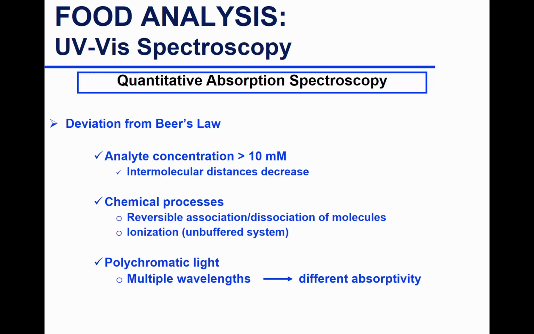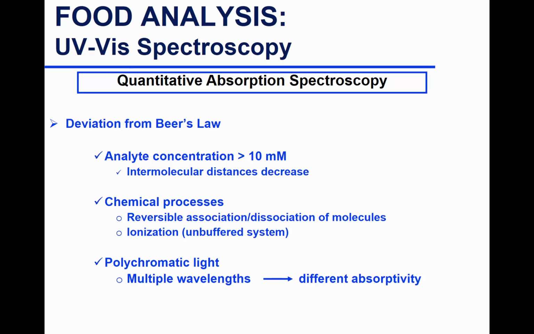Okay. So we talked about deviation from Beer's law a little bit last time. In order for Beer's law to be applied, we are limited in concentration. If we have really high concentration, then molecules are going to be in close proximity with each other, and their electrons might start to be shared, and there will be interactions.